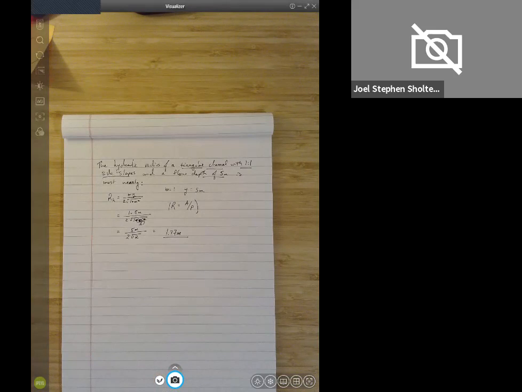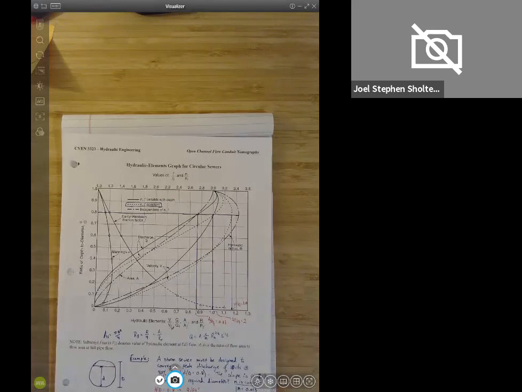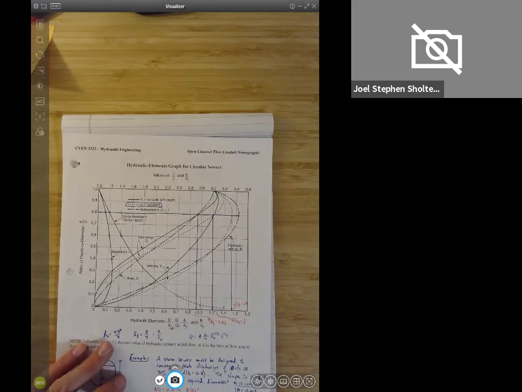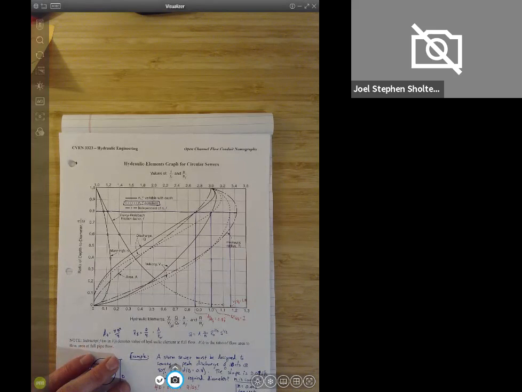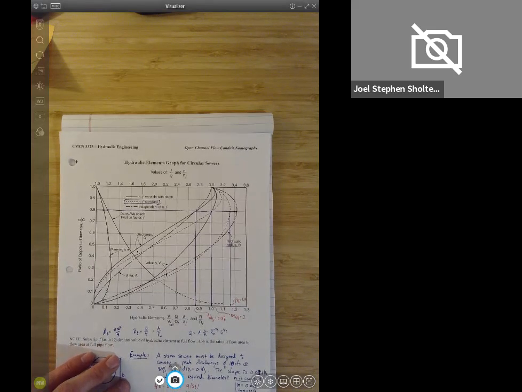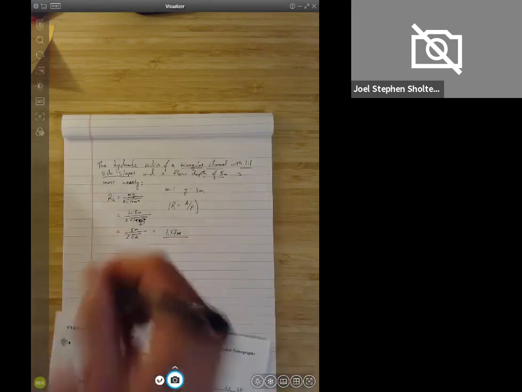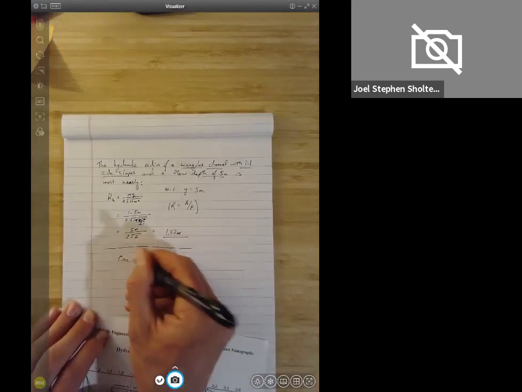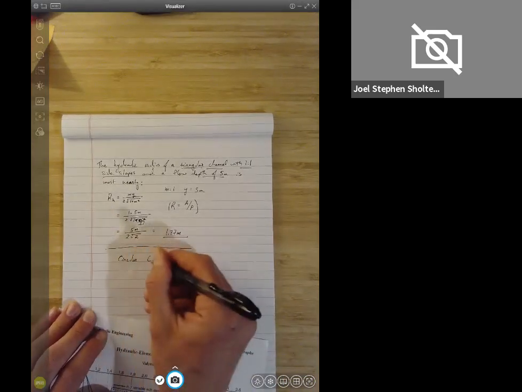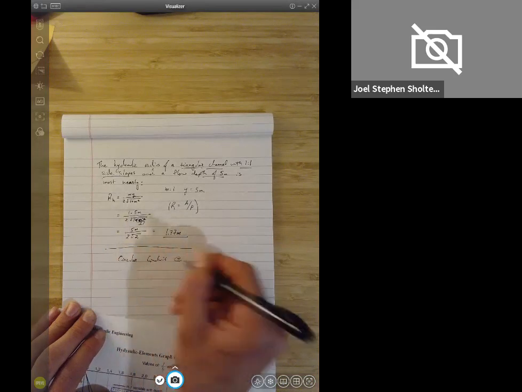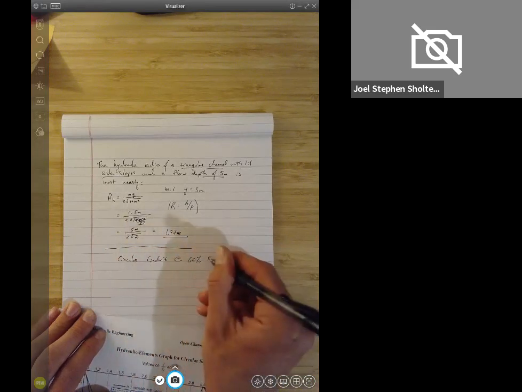If I had a circular conduit type of question, let's go back to my trusty old nomograph. Say I had a diameter that was given, and I had a flow depth. We'll just do that for a circular conduit at 60% flow depth.